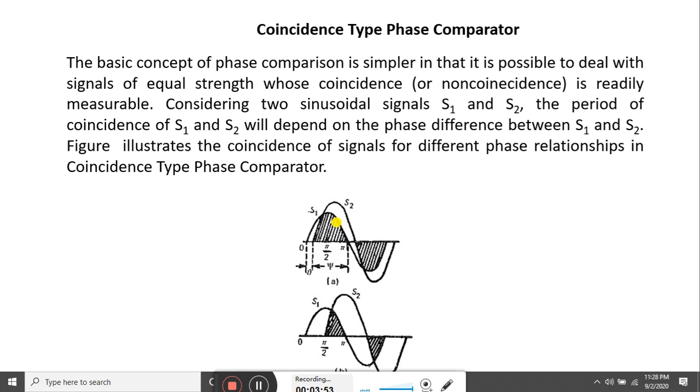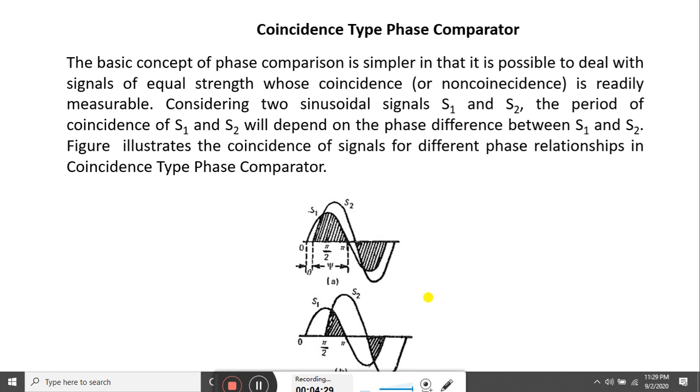That's why the coincidence period varies depending upon the phase difference between the two signals. And if we are able to measure this coincidence period between the two signals, then we can decide for what duration we generate the trip command so that we can protect a power system network. That is how the coincidence type phase comparator works.